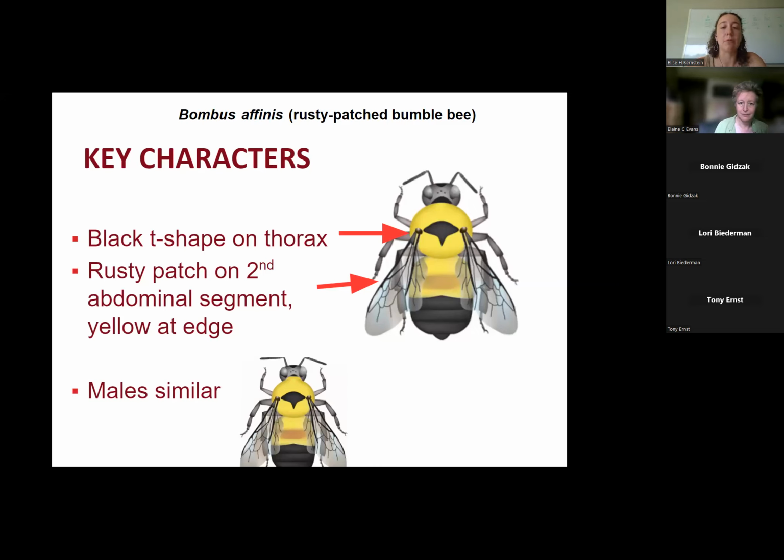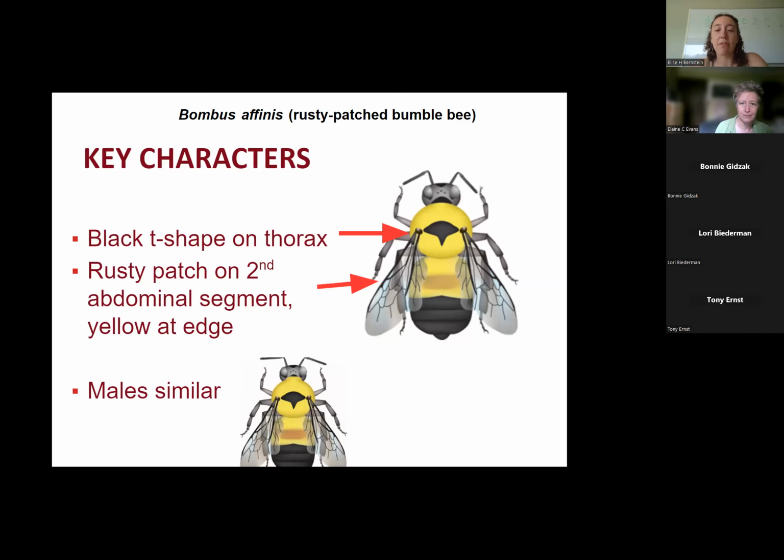It's kind of what you're seeing there, that top red arrow is pointing to. And then on their abdomen, we're also looking out for that rusty patch. So the first abdominal segment on the rusty patch, T1, is all yellow. And then on T2, there's that little brown rusty swoop kind of in the middle with yellow underneath it.